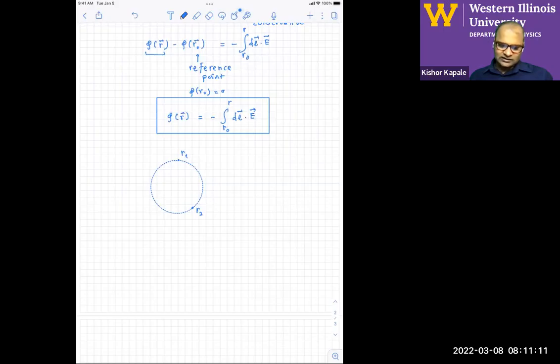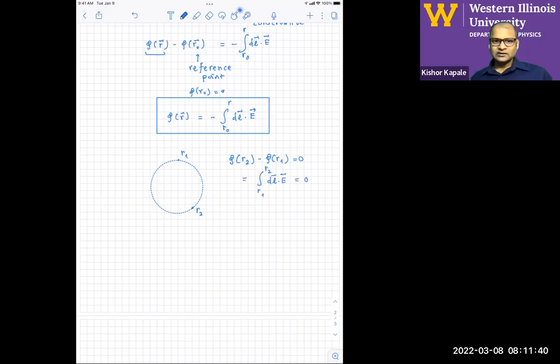So if that's the case, what is going to be phi of R2 minus phi of R1? It is going to be 0, right? Because they both have exactly the same value. That means the integral from R1 to R2 of dl dotted with E, the sign does not matter here, is going to be 0 as well, right?